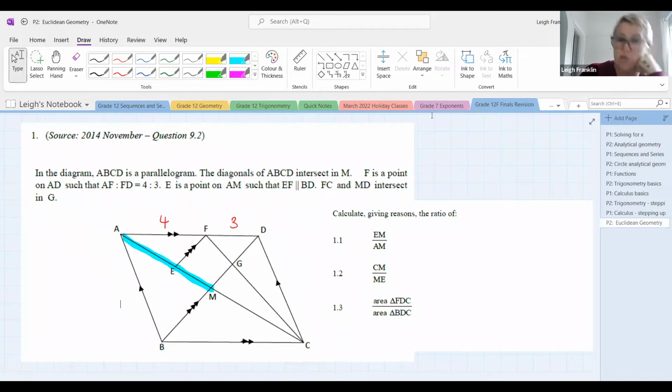This is proportionality, quite right, intercept theorem, quite right. So what is EM over AM equal to? Which triangle are we working in?